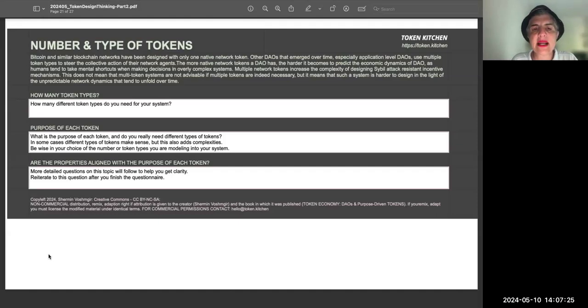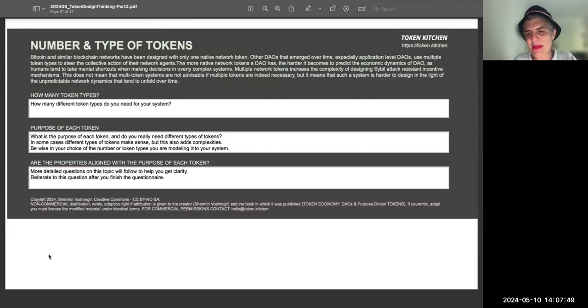And when you design the properties of the token, and we will look at the token properties in the next slide, make sure that the properties actually are aligned. Once you've designed the properties, this is when you can go into the simulation, right? Economic simulation, once you've defined the economic properties, but then make sure they're aligned with your goal.